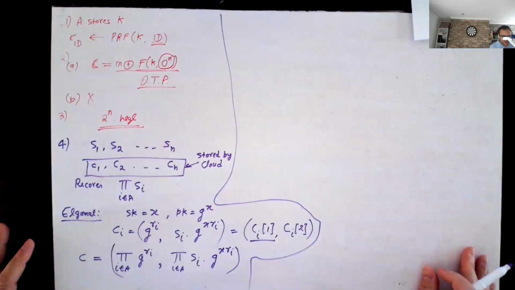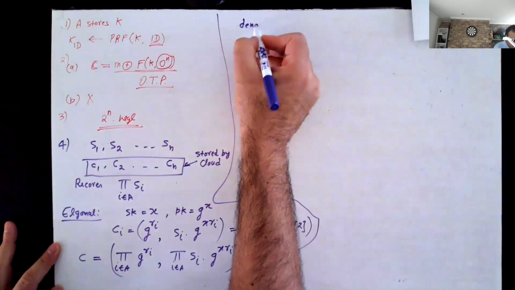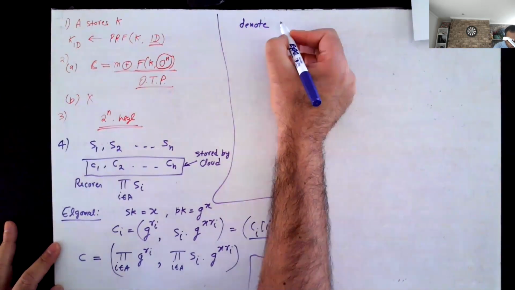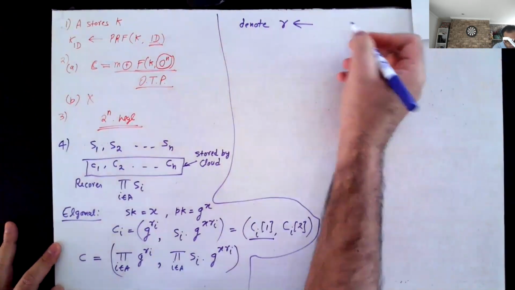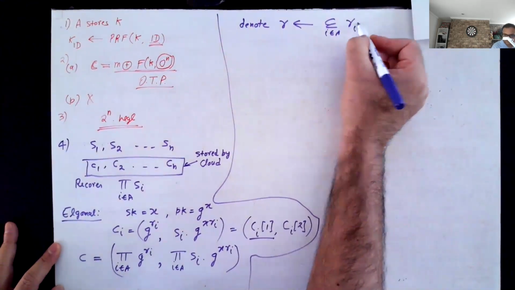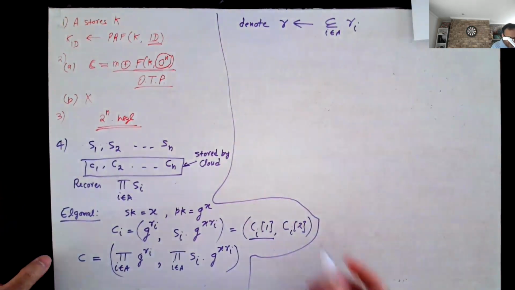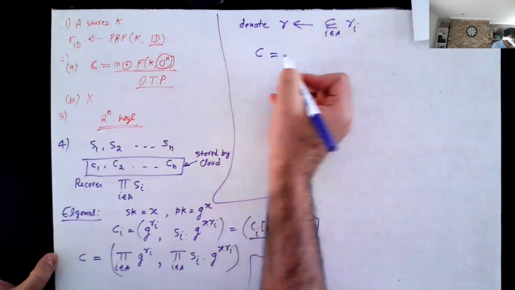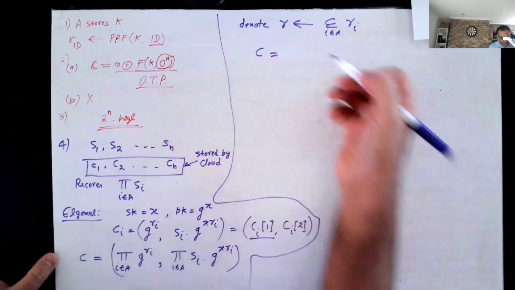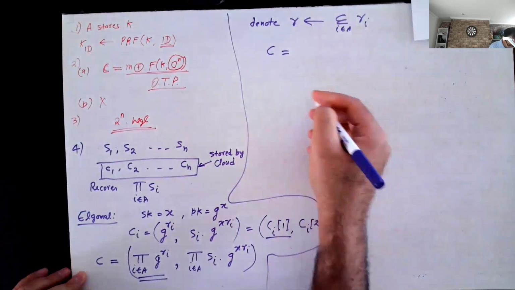Now let's denote r to be the summation over i in A of r_i. Then what is C? When you multiply all these components, it translates to addition in the exponent.